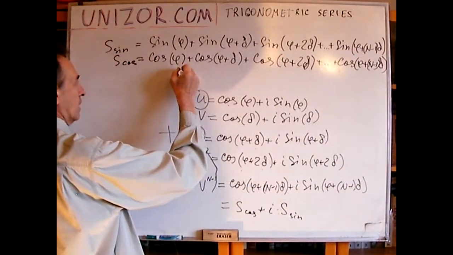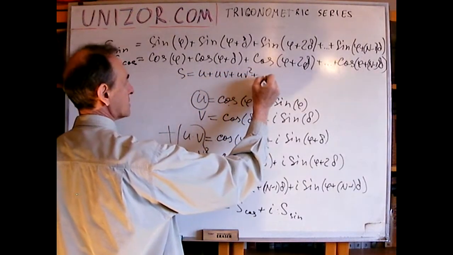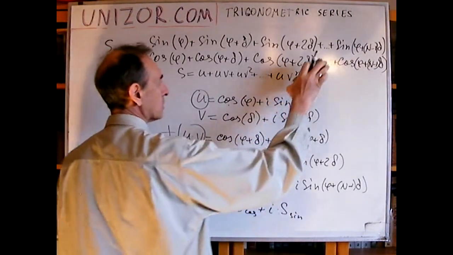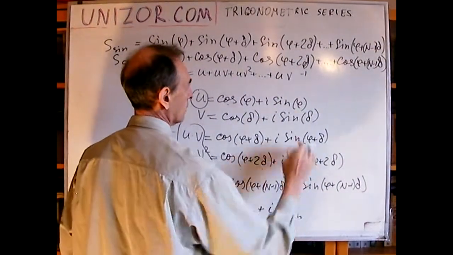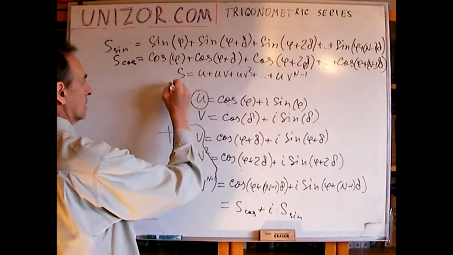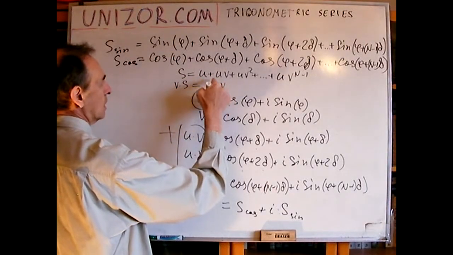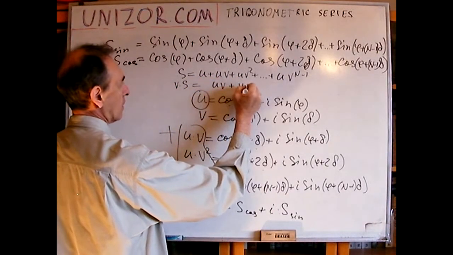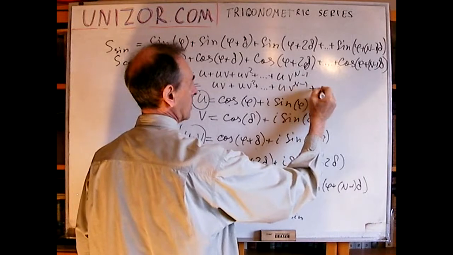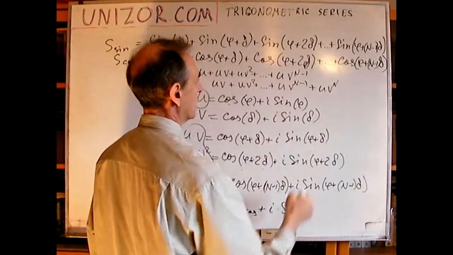So if you have S equals u plus uv plus uv squared plus etc. plus uv to the power of n minus 1, it's capital N. Then I multiply this sum by v, so v times S equals u times v would be uv, uv times v would be uv squared, and the last one, whenever I multiply this by v, I will have uv to the power of n.